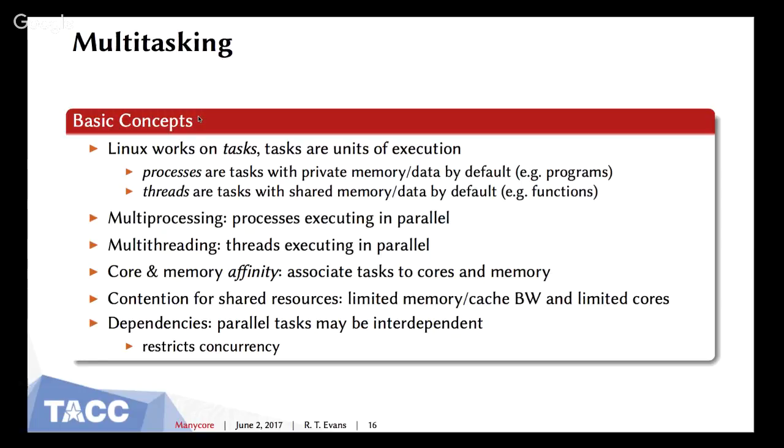On these 68 cores, you may be running 68 processes. You may be running one process that has 68 threads. So it's still 68 tasks of execution running across these cores, but they're managed and synchronized in different ways. And that's where you get into MPI and OpenMP.